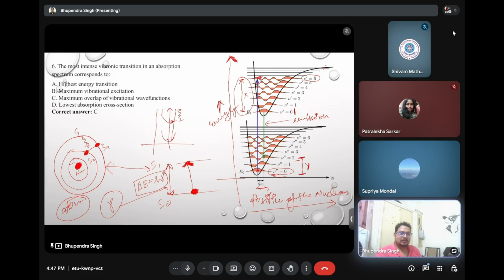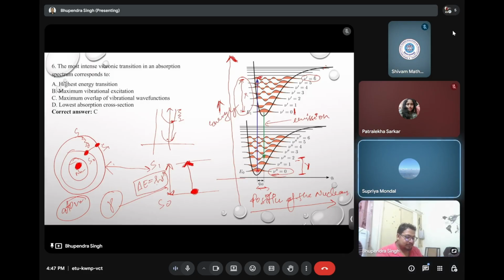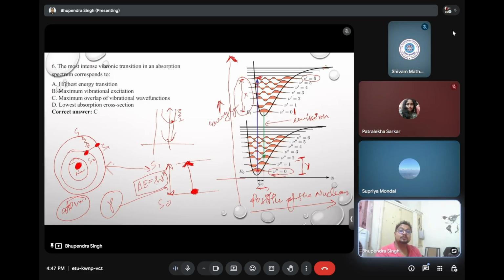So that wavelength where these wave functions overlap each other will be the highest, most intense peak, that we call the absorption maxima or emission maxima.